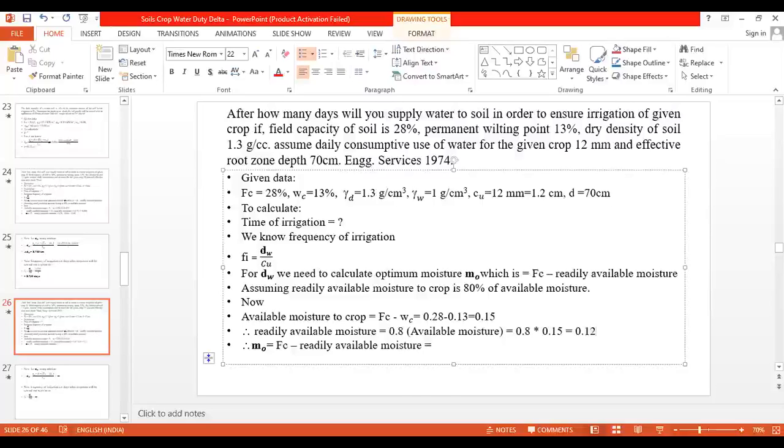Okay, then get the optimum moisture content, which is equal to field capacity minus readily available moisture.